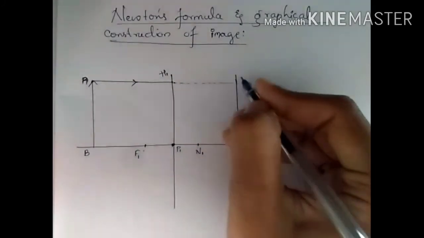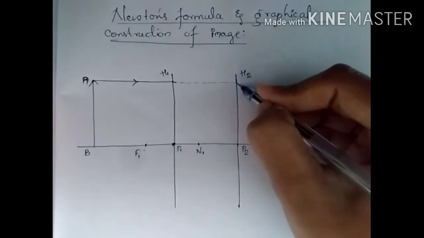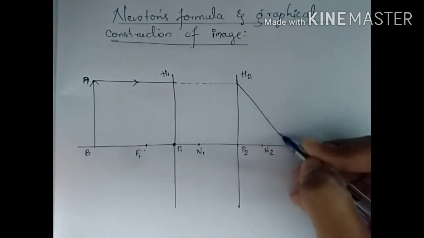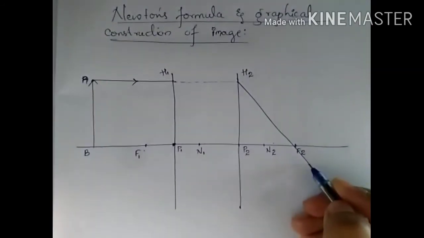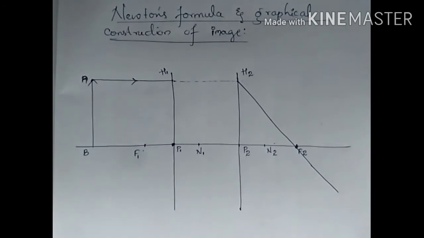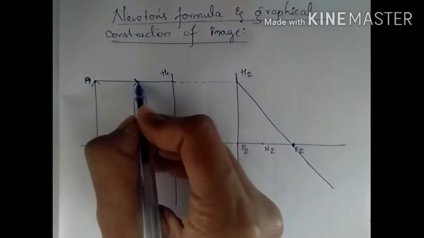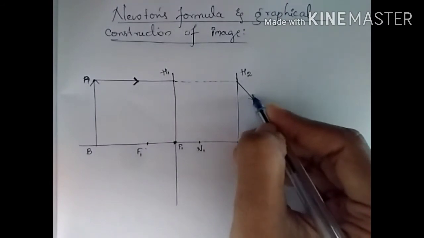So this is H2, and the ray from this H2 passes through F2. So this is the incident ray and this is the emergent ray.